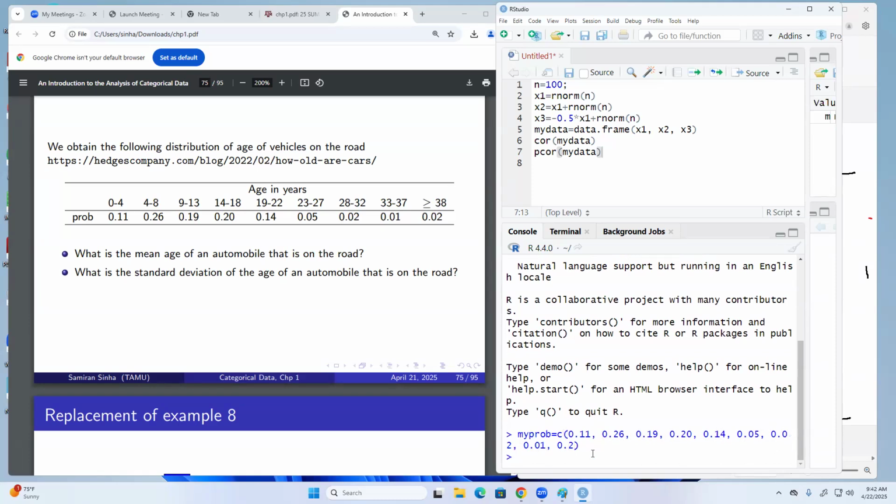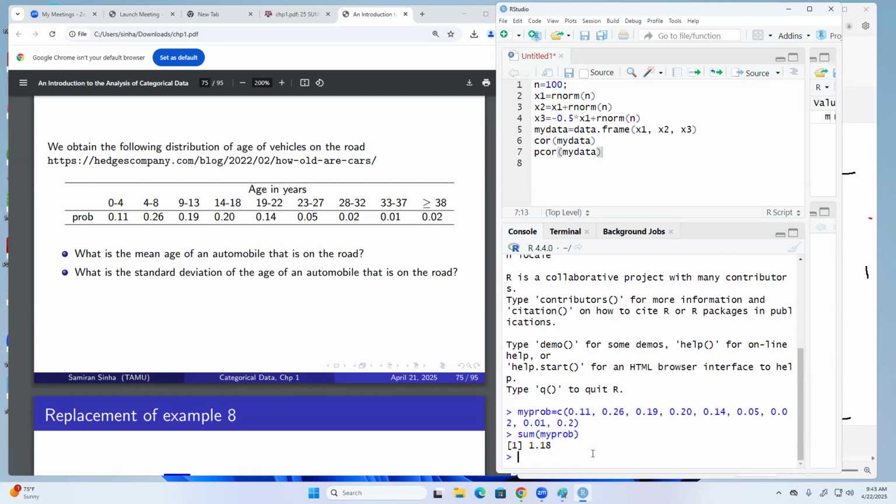First thing, we check whether the total of these probabilities is equal to 1. So, sum of my prob. Something is not correct. The probability should add up to 1.